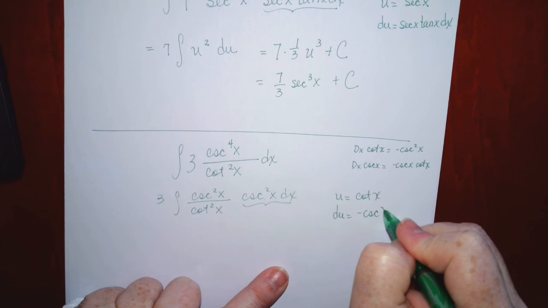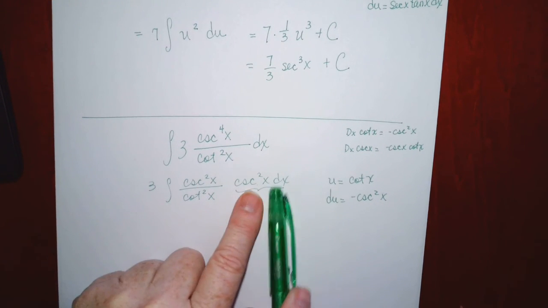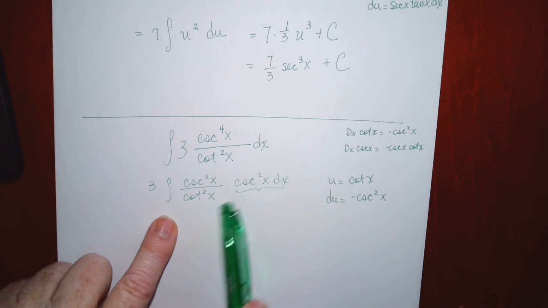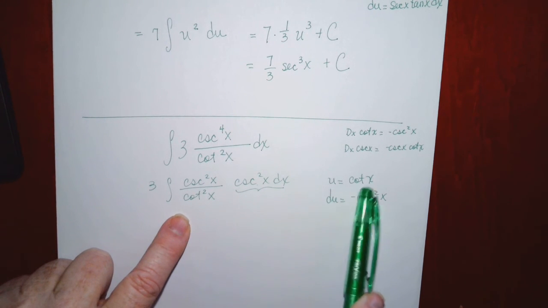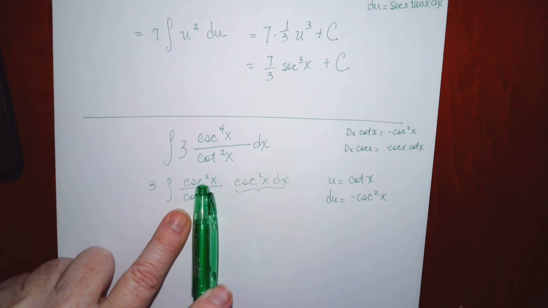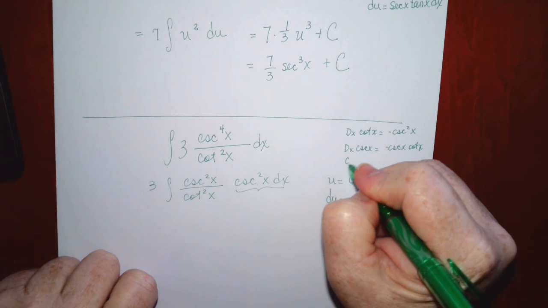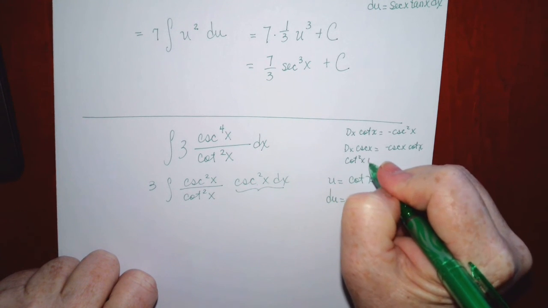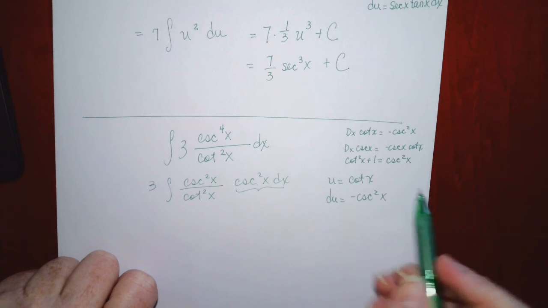So this part I want to hold on to. That's my du. Everything else over here I want to try to write in terms of cotangent. This part is good. This part I'm going to have to use the Pythagorean identity on. We know that cotangent squared x plus 1 equals cosecant squared x.